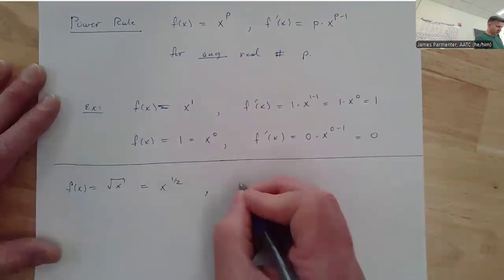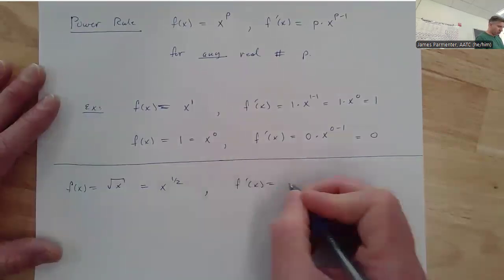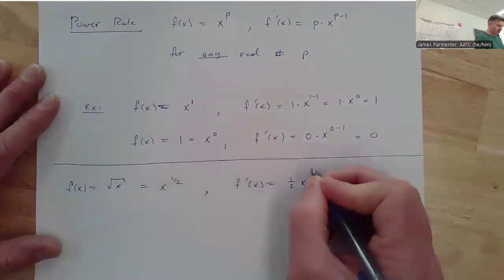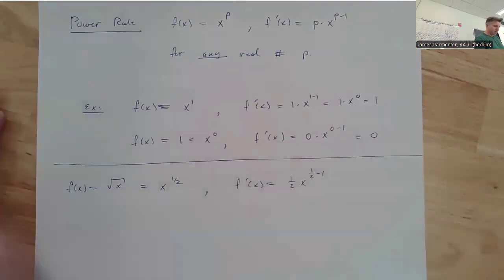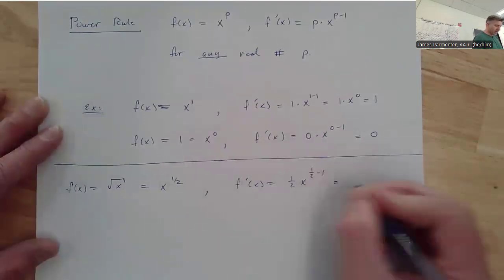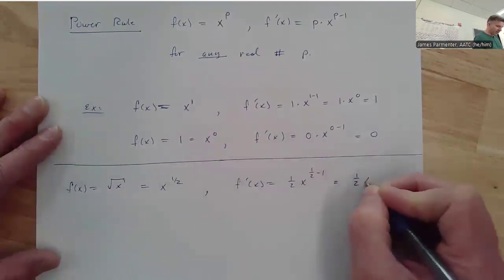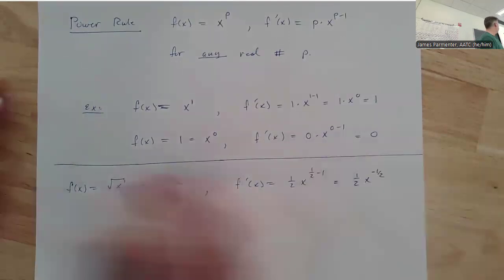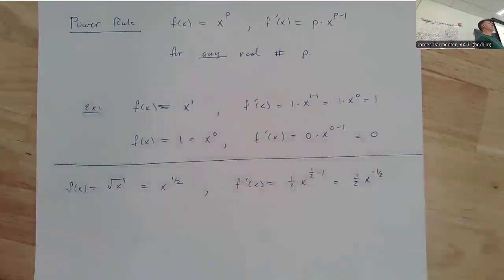And the derivative is going to be 1/2 times x to the 1/2 minus 1, which we should definitely simplify. We should at least write this as 1/2 times x to the negative 1/2. But that's not my favorite way to write it. Or I should say, it's not always the best way to write it.